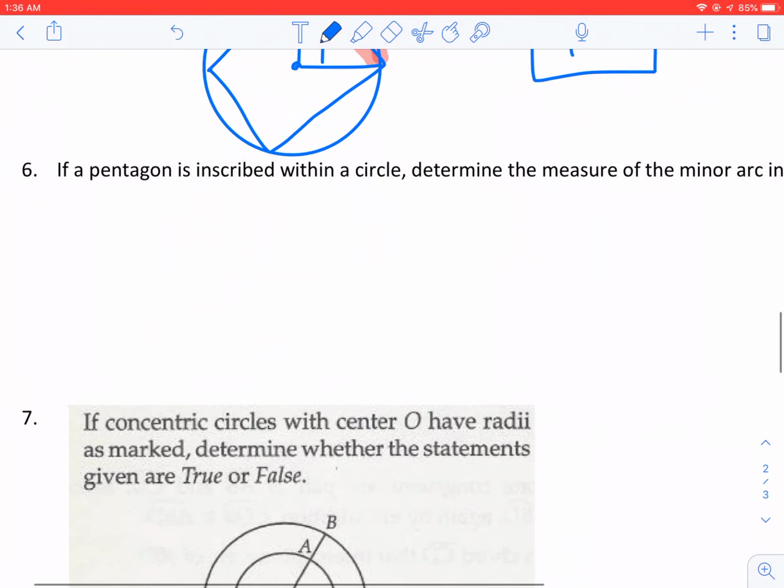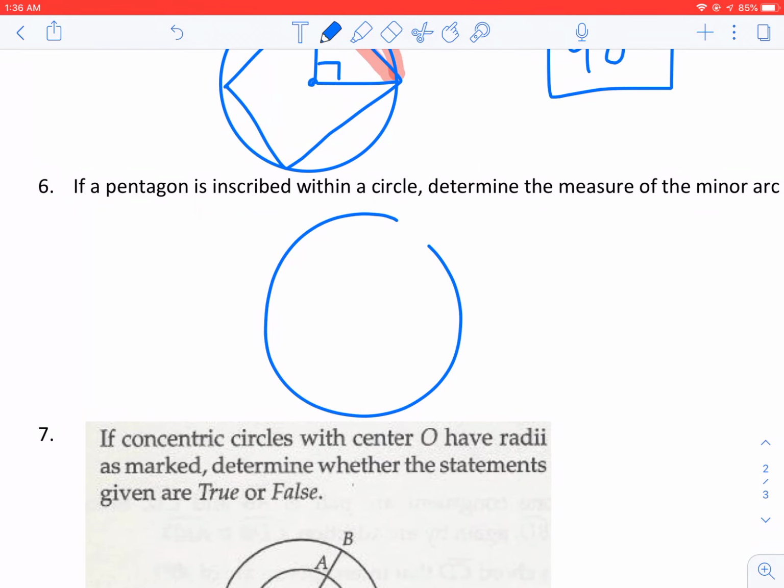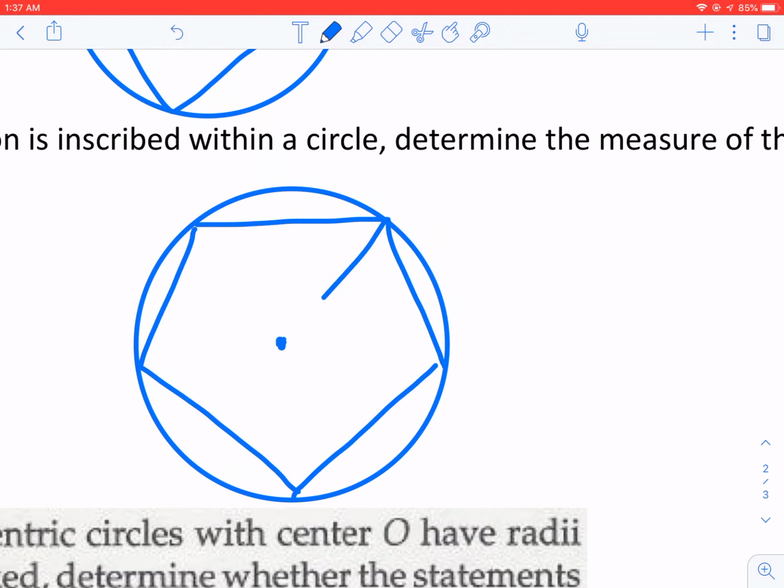And number 6, same idea. Now we've got a pentagon, so 5 sides. This might be a little hard to draw, but I'll try my best. 1, 2, 3, 4, 5. So what's the measure of a central angle in a pentagon?